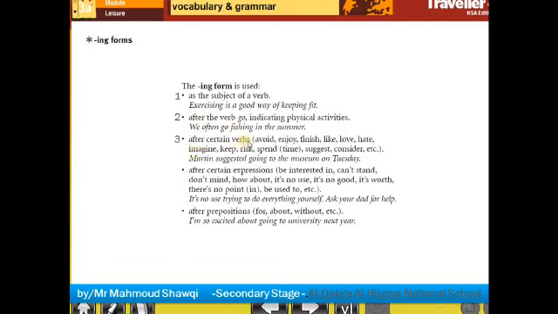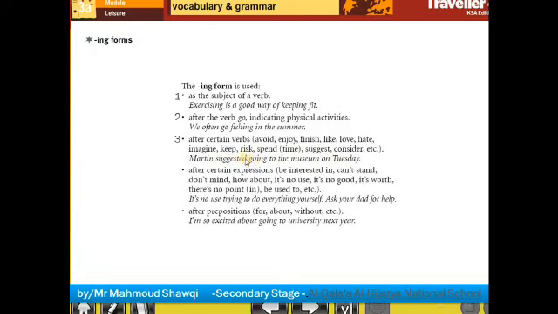After certain verbs like avoid, enjoy, finish, like, love, hate, imagine, keep, risk, spend, suggest, and consider. After these verbs, we add ing to the verb. For example, Martin suggested going to the museum on Tuesday. Suggested going.